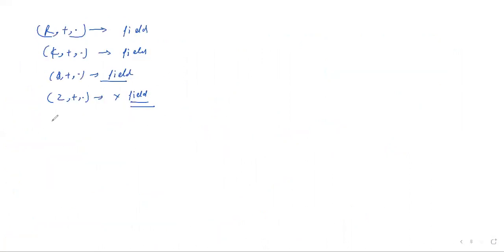Because the set of integers does not contain an element like 1 by x, it does not possess an inverse. So the set of integers does not form a field.